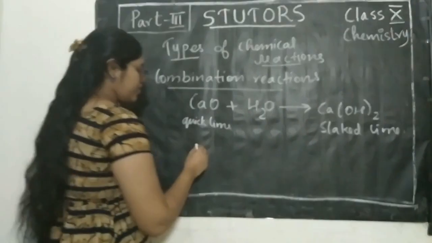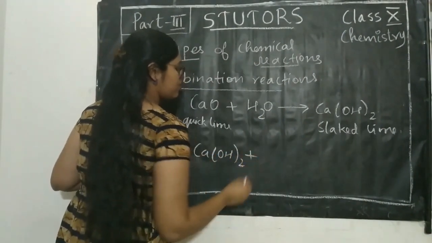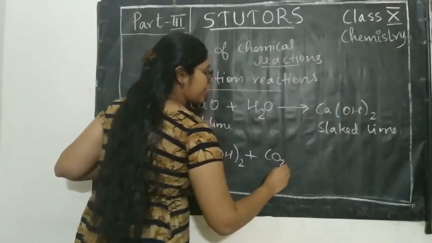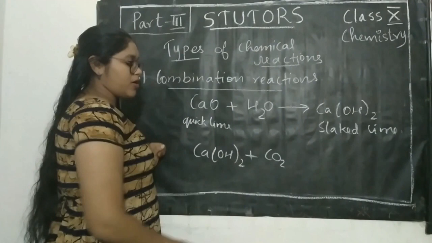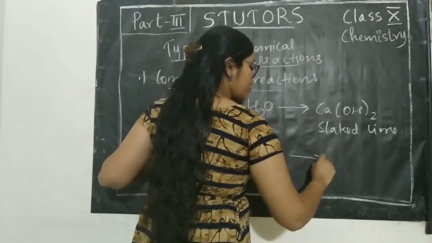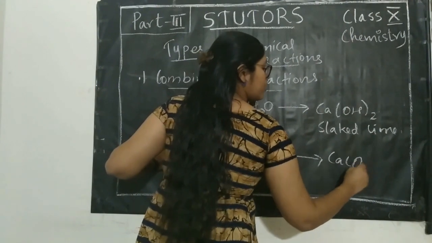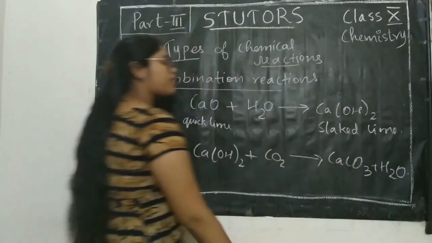Let me write that equation. Calcium hydroxide reacts with carbon dioxide present in air and forms calcium carbonate plus water.